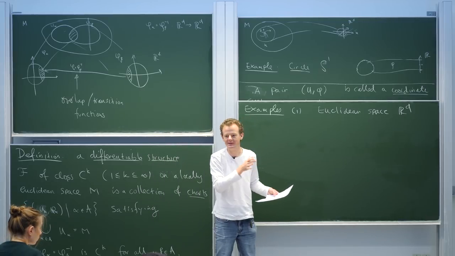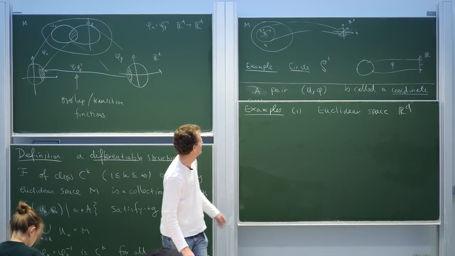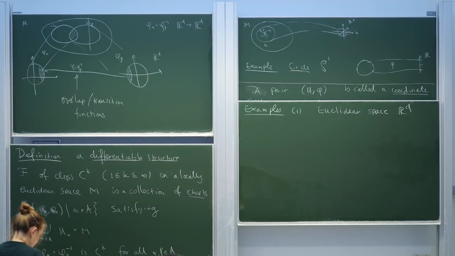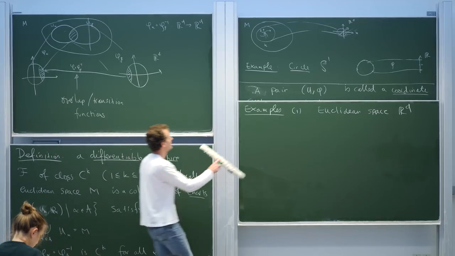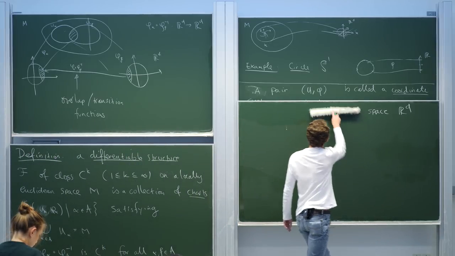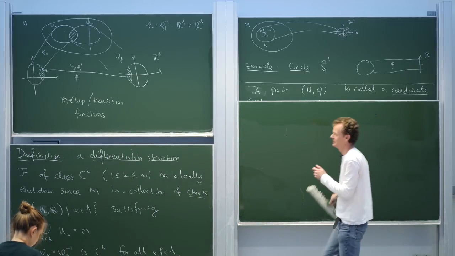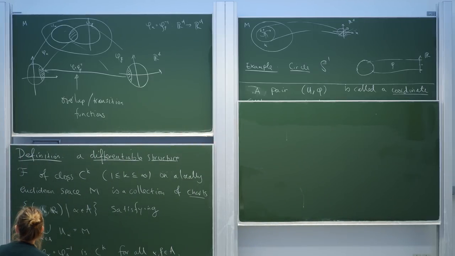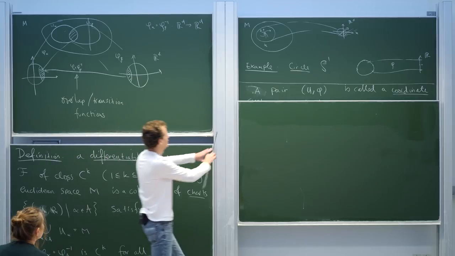Sorry, I forgot to write down the main definition of a manifold. So before we can write down the examples, I've got to tell you what a manifold actually is. And it's kind of clear, right? We have this locally Euclidean space, we have differentiable structures, so a manifold is presumably something that's got both.